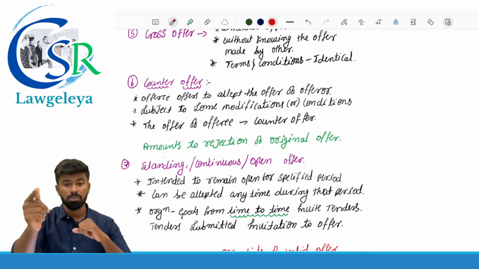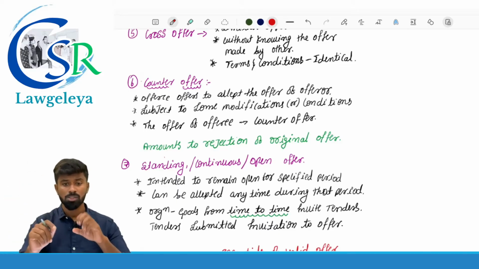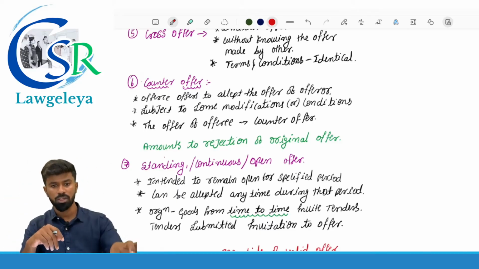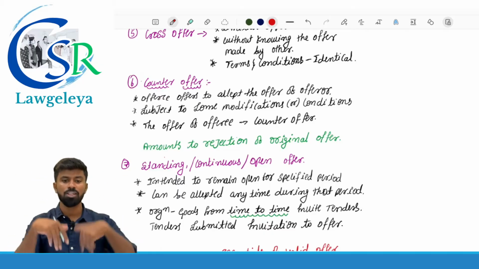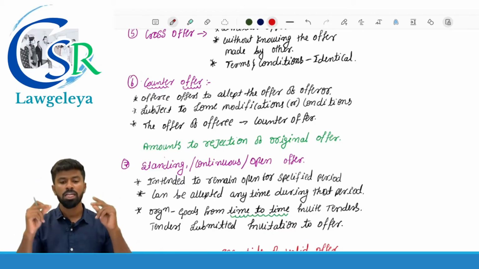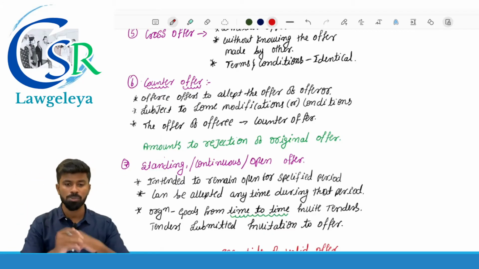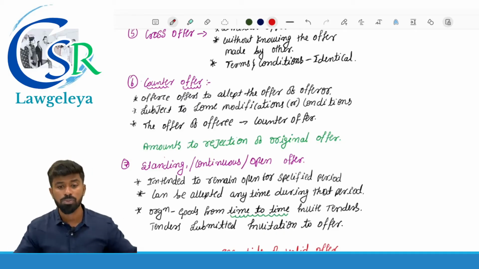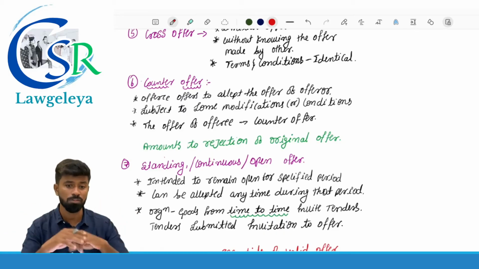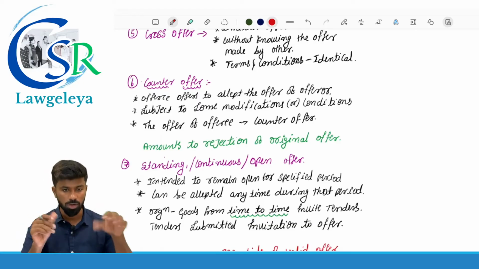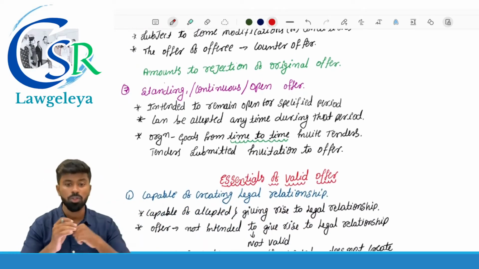Such an offer is called a counter offer. In case of counter offer, which offer will lapse? The original offer will lapse. It results in the lapse of which offer? Original offer.